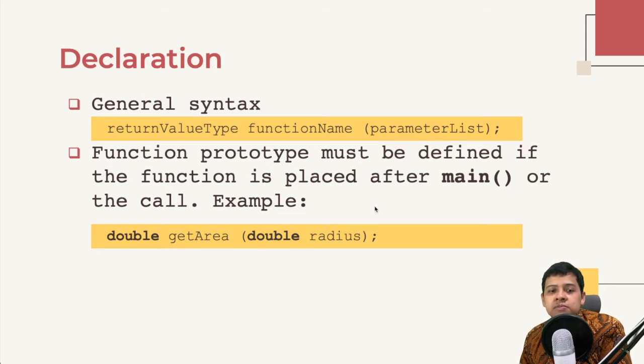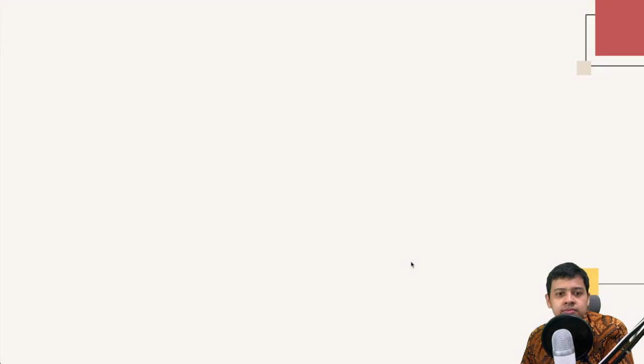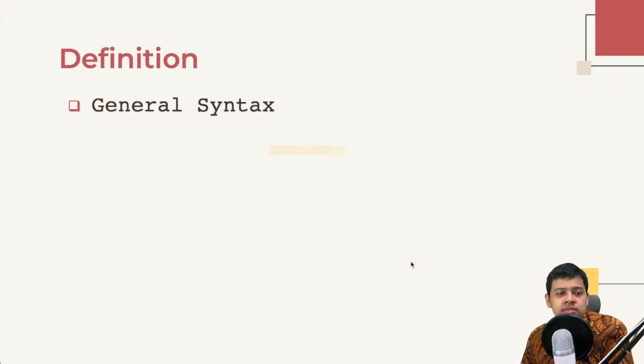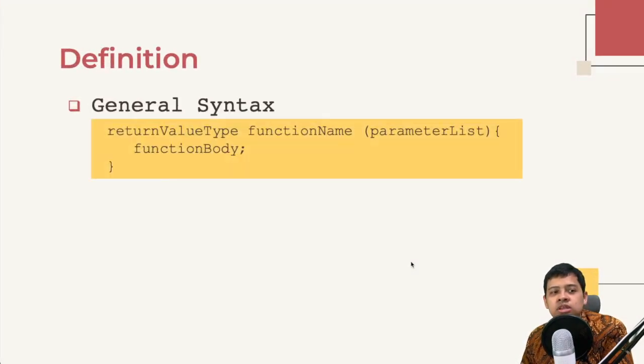Of course, each parameter in the list has to have a data type. That's how we declare the function prototype.